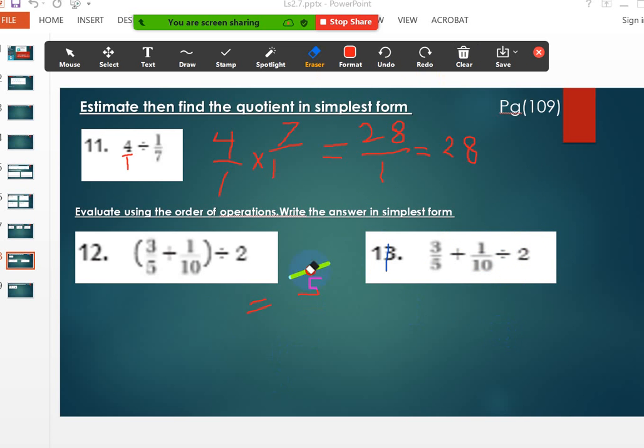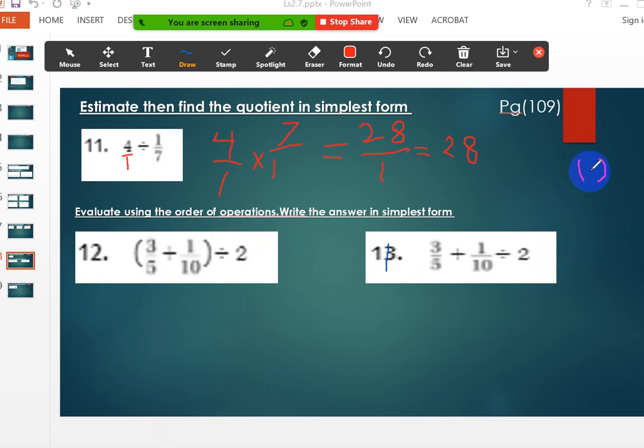Girls, you remember the operations in math. The operations in math have an order, so I have to follow this order. When you have something like this, I call it a math expression. If I have this math expression, I have to start all the time with parentheses.